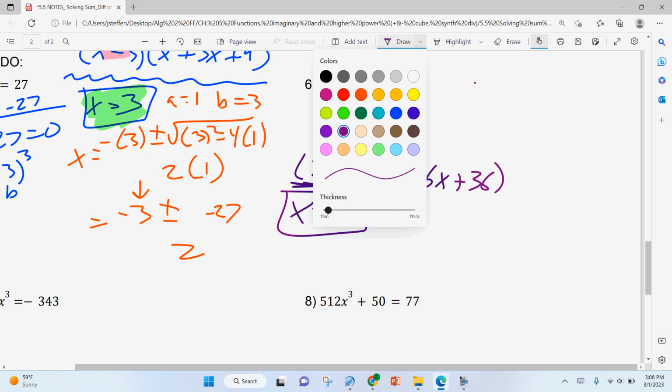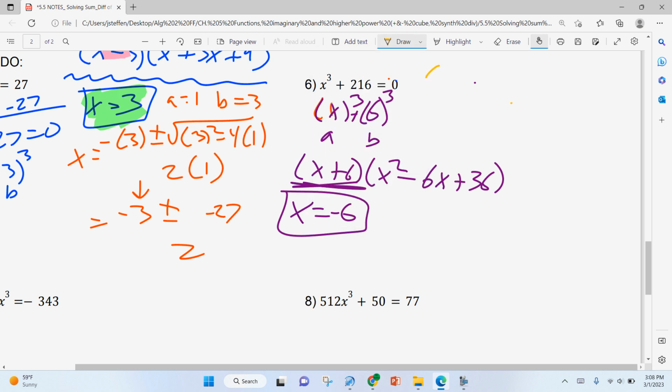Then my second one, we have to use the quadratic formula. So my A is 1, B is negative 6, C is 36. So I have x is equal to, and sorry, this is kind of a mess all over the place, but I'm trying to fit everything in.